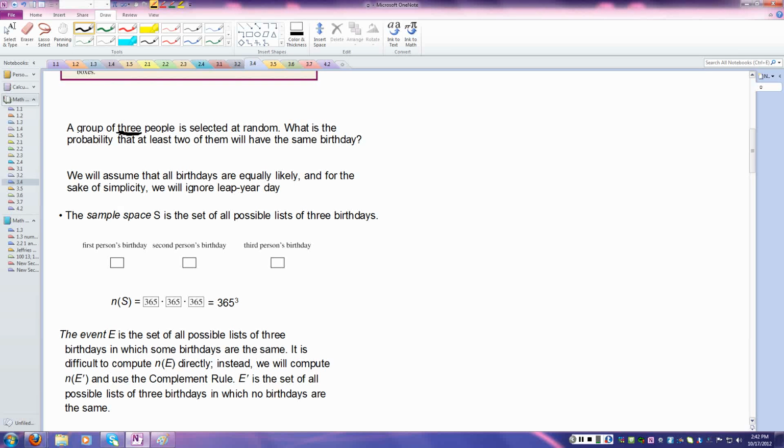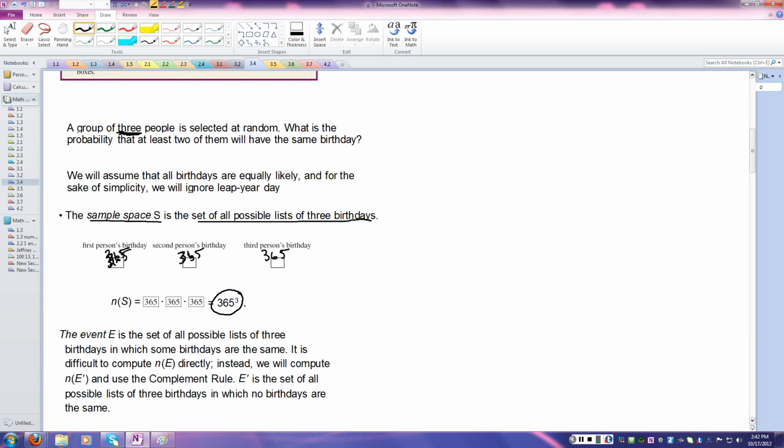So the sample space size is going to be the set of all possible lists of 3 birthdays. For the first person's birthday, we have 365 choices. For the second person's birthday, we have 365 choices. For the third person's birthday, we have 365 choices. So the number of elements in S is 365 cubed, and this is going to come up later.